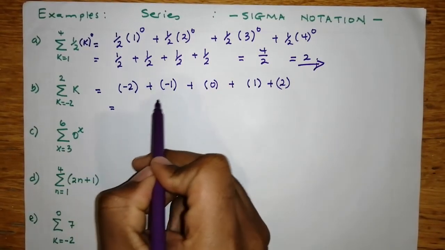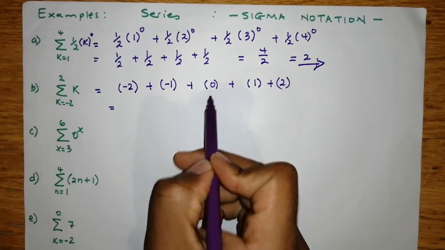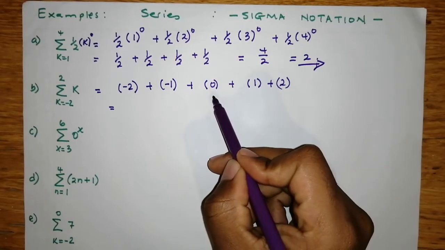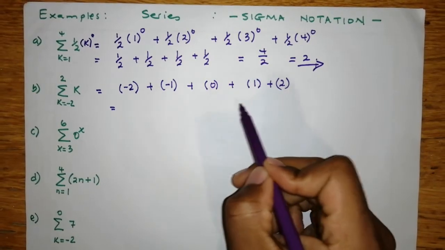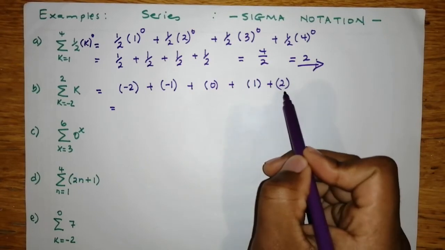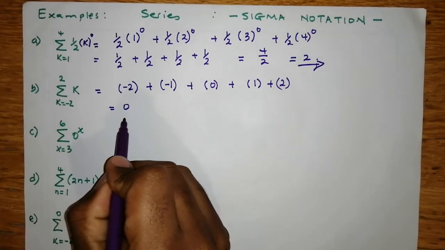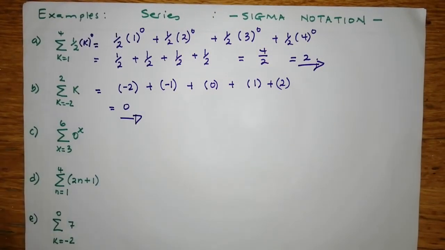So negative 2 minus 1 is negative 3. Negative 3 plus 0 is negative 3. Negative 3 plus 1 is negative 2. Negative 2 plus 2 is 0, right? So the sum of this is 0 right here. Okay, cool.